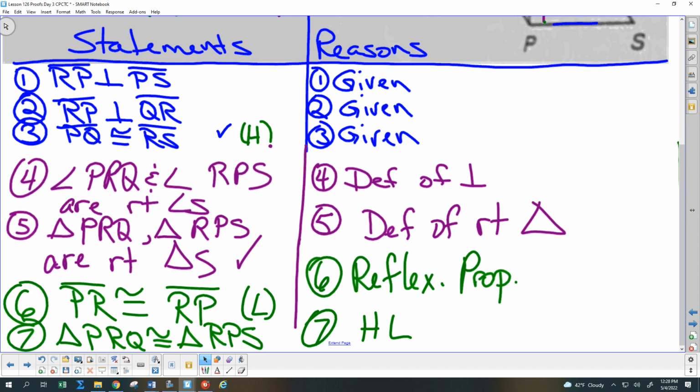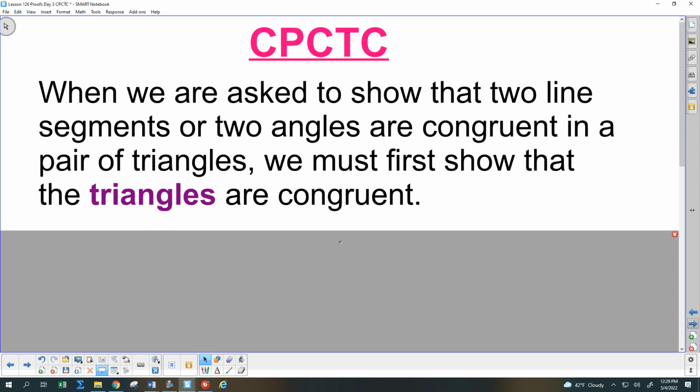Now they're congruent triangles. That means all of the corresponding sides match up and are congruent. Not just the hypotenuse and one leg, but the other leg also. And it means all of the angles have to match up and be the same. Not just the 90-degree angle, but the other two acute angles have to also make matching pairs. That is what we call CPCTC, which you need to memorize and use over and over and over in proofs.